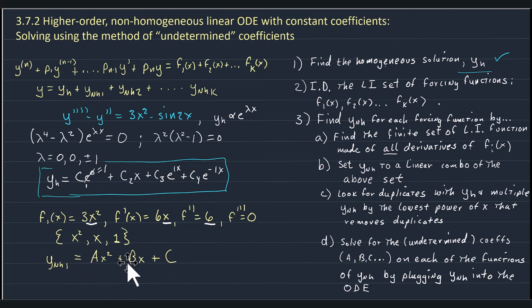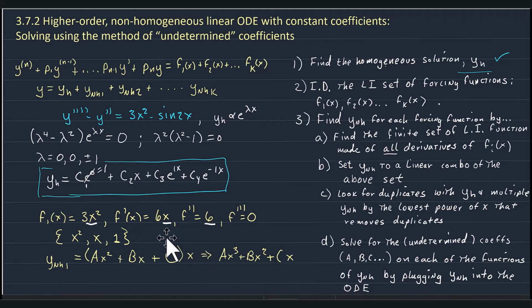And we found duplicates, and when we do find duplicates, what we have to do is multiply the non-homogeneous solution by the lowest power of x that removes the duplicates. So if we were to multiply this by x, we would get ax cubed plus bx squared plus cx.